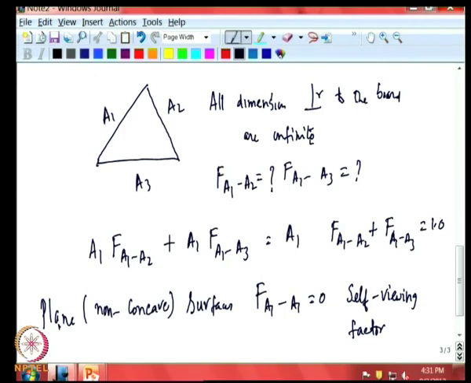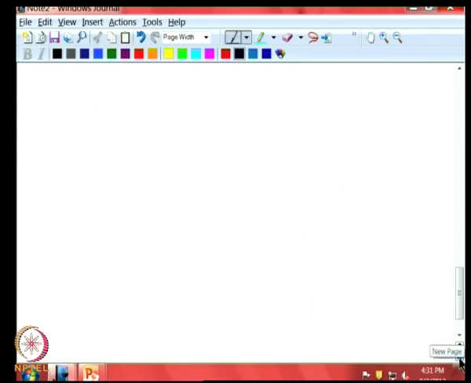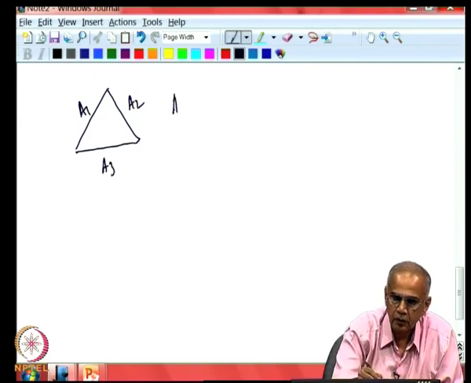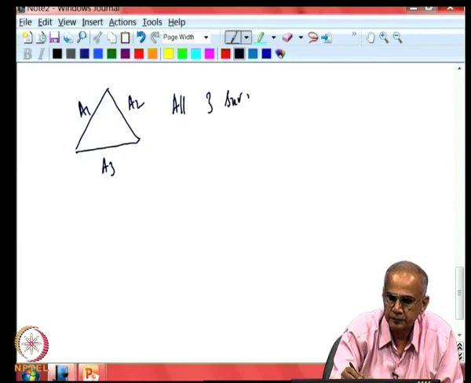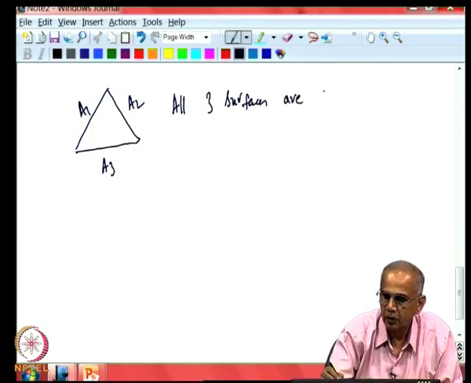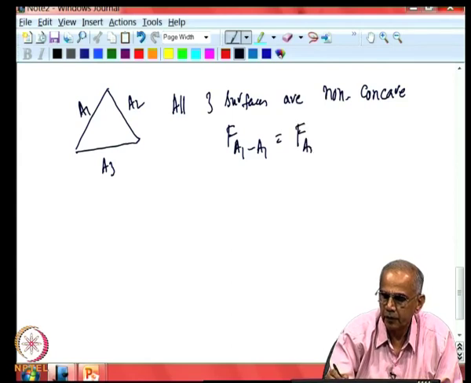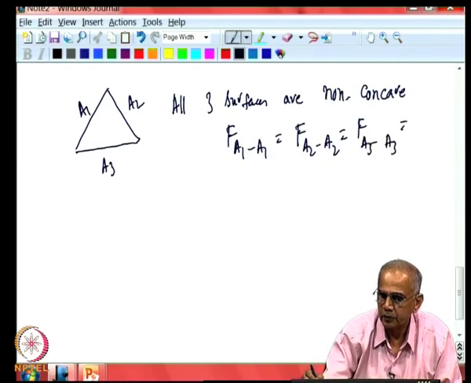So, we are considering a case where all three surfaces A1, A2, A3 are non-concave, and therefore F A1 A1 equals F A2 A2 equals F A3 A3 equals 0.